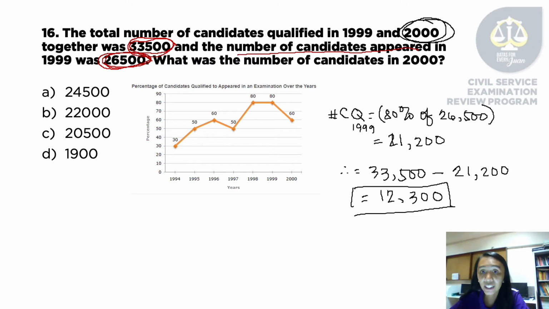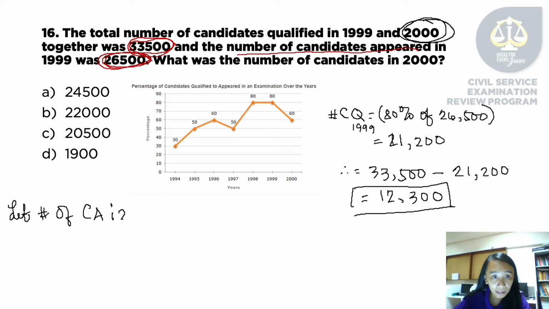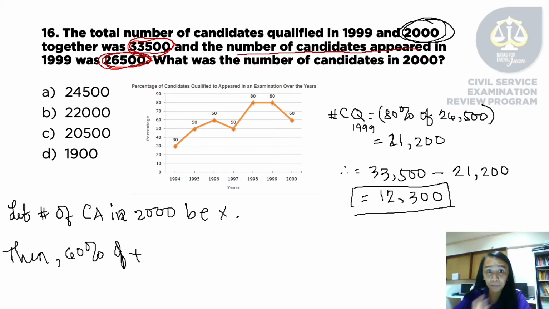So now I have the number of candidates who qualified in 2000. Then we will use the formula from earlier to find the number of candidates who appeared in 2000. We let the number of candidates who appeared in 2000 be X. Then 60% of X. Ma'am, why 60%?